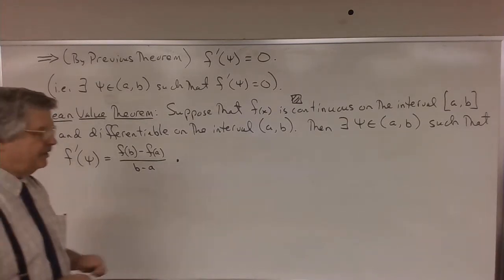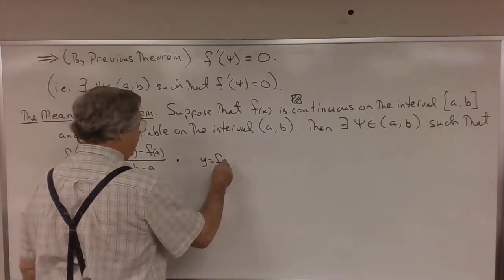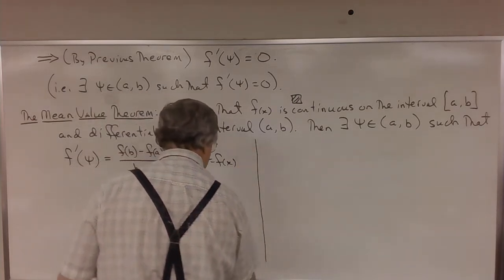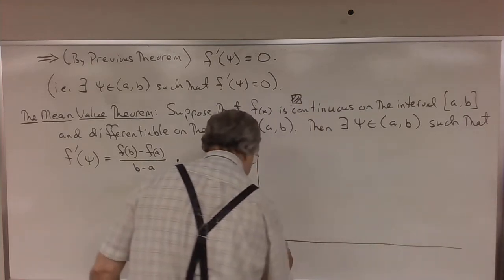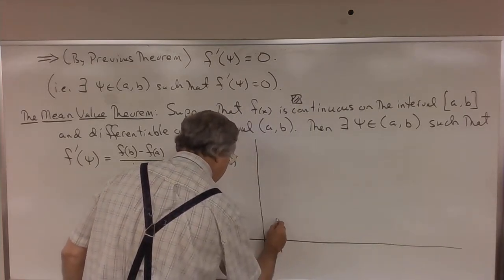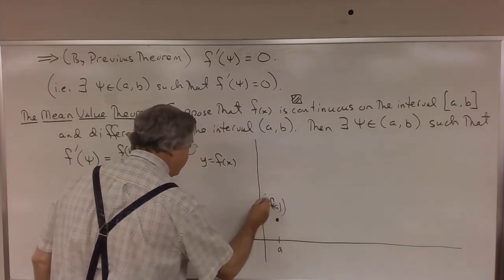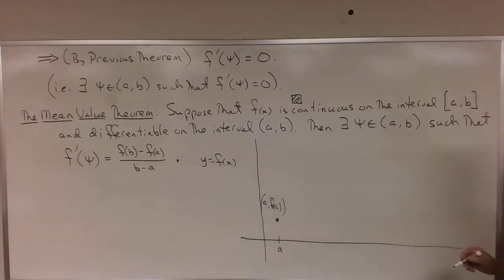So let's draw a picture of what's going on here. Let's draw the graph of y equals f of x. And here's a, and here's f of a. And over here, here's b.